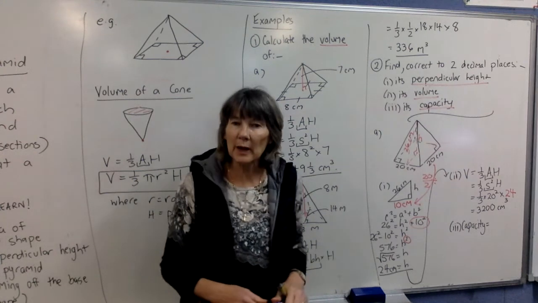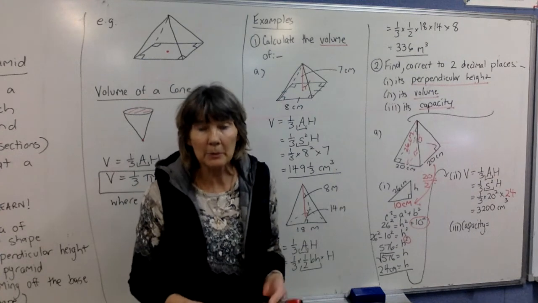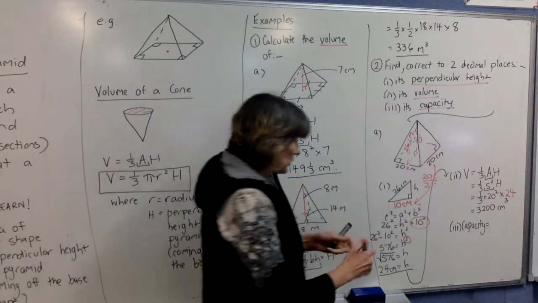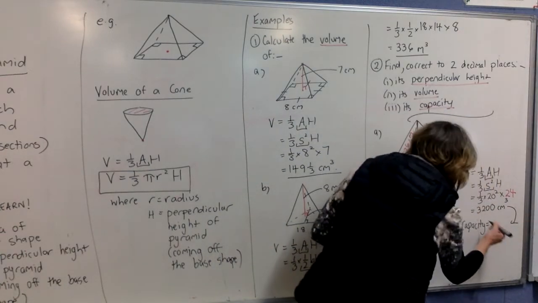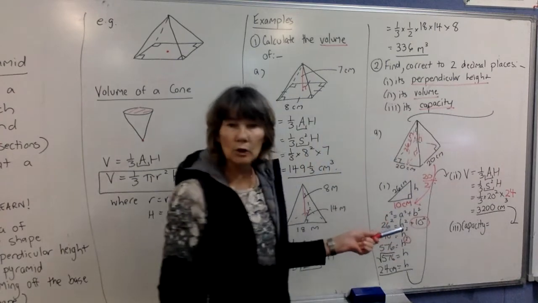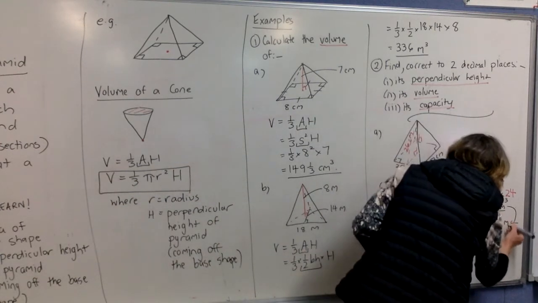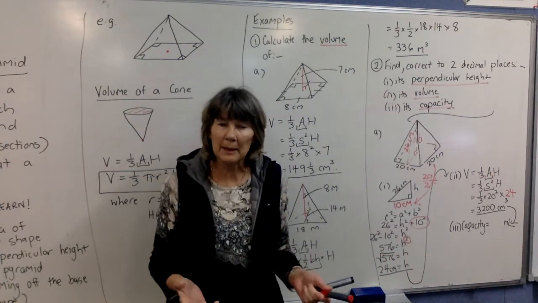Now in part 3 they're asking for capacity. That's when we're talking about changing it to a liquid measurement like litres, millilitres, kilolitres. So we're just going to take our answer here and change it into millilitres. Okay, so you need to know this yourself. How many centimetres cubed equals how many millilitres?